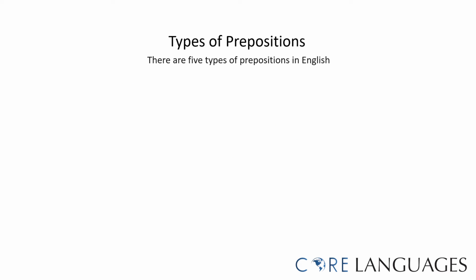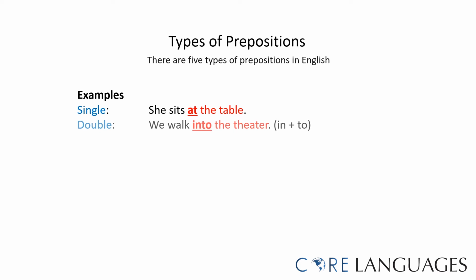There are 5 types of prepositions in English. Look at these examples. There are single prepositions. For example, she sits at the table. At is a single word or a single preposition. There are also double prepositions. For example, we walk into the theater.